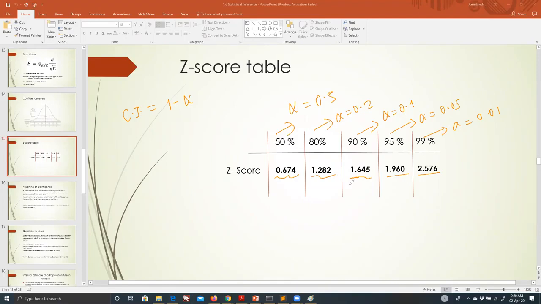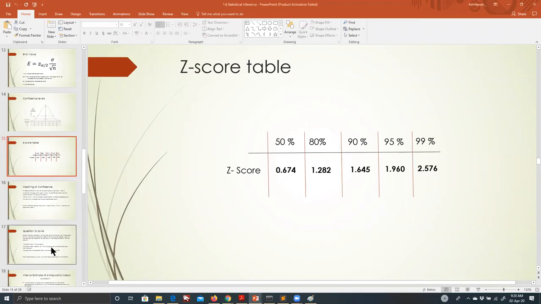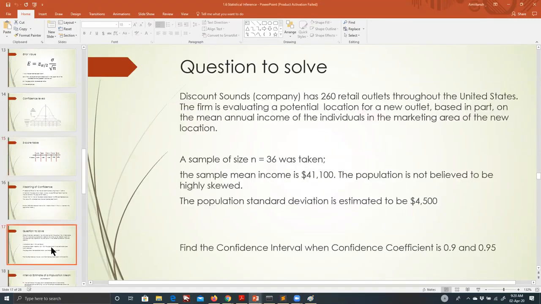So please note down this information. These are some standard values.